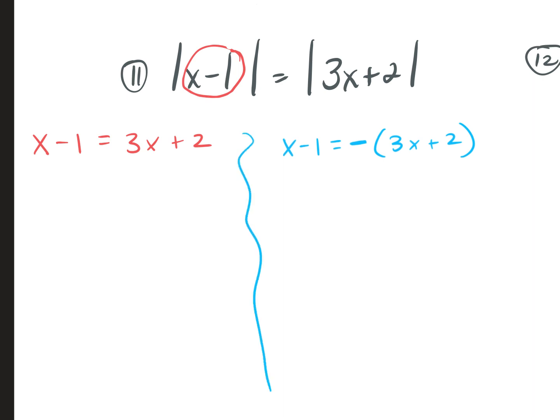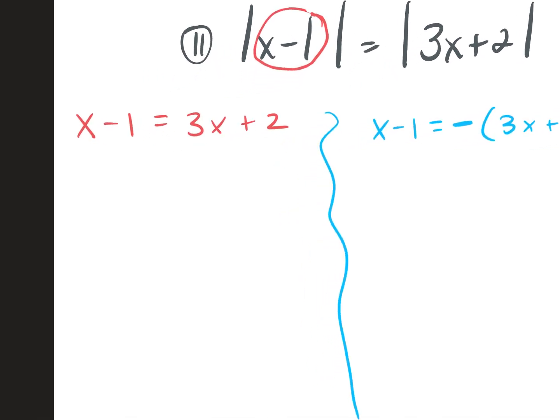So when you have 2 absolute values, you can set the insides equal to each other, but your other equation has to be the inside equals the other inside but negative. So let's solve the left one first. What should I do to solve for x? In the red equation, what do I do to solve for x?